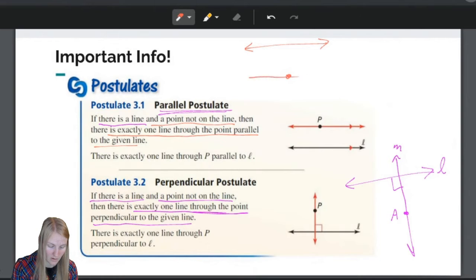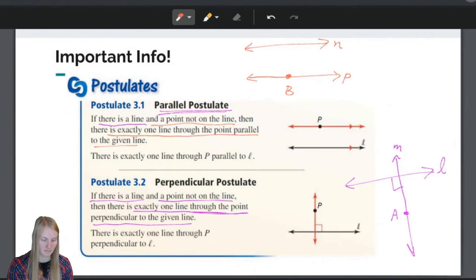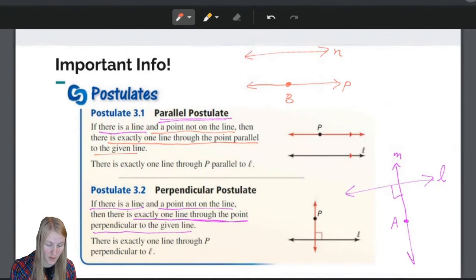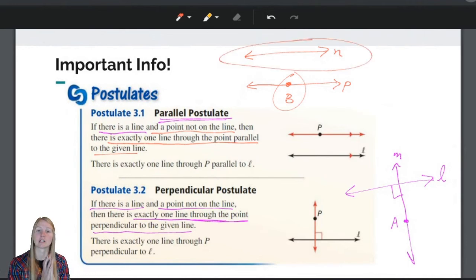Again, we'll call this point B, line N, and we can call this line P. There's only one line, line P, through B that will be parallel to N. Because any other line I make is eventually going to intersect with line N. So through any one point, there's only one line that I can make that will be parallel to line N.